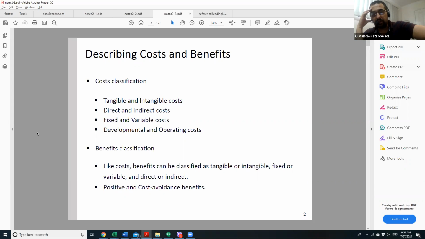Imagine yourself as a system developer, and your boss asks you to come up with a cost benefit analysis. So why do you need to have such a thing?